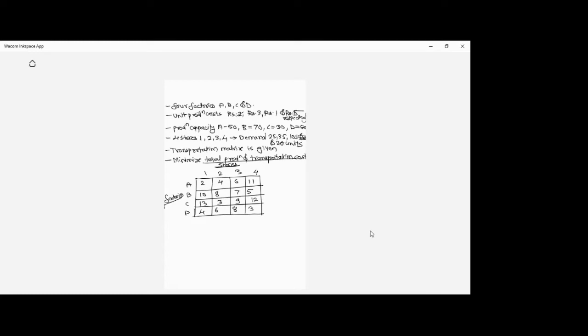So let's frame the transportation problem. But there will be a different consideration that we'll have to make. We usually require problems where we minimize the transportation cost, but here it is production plus transportation cost. So what has been given here is the transportation matrix.